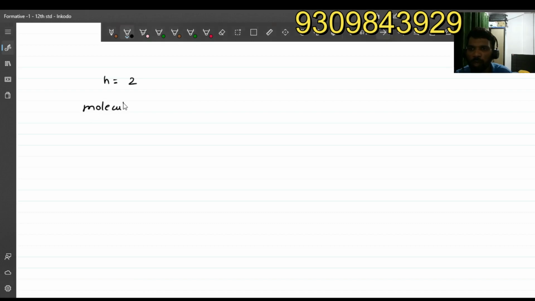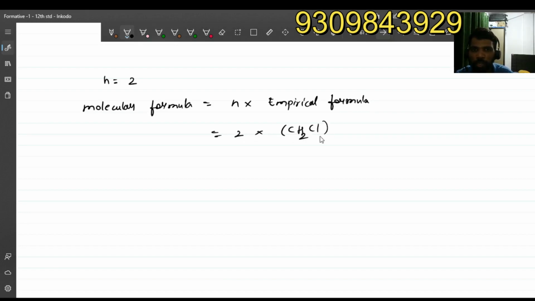Molecular formula will be equal to N into empirical formula. So N is equal to 2 and empirical formula is CH2Cl. So it is C2H4Cl2. This is what your answer is for your molecular formula.